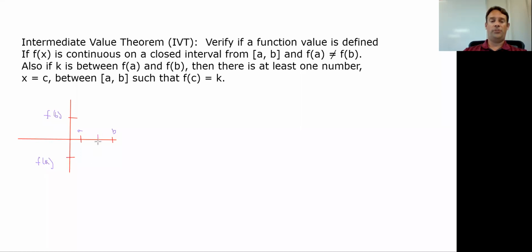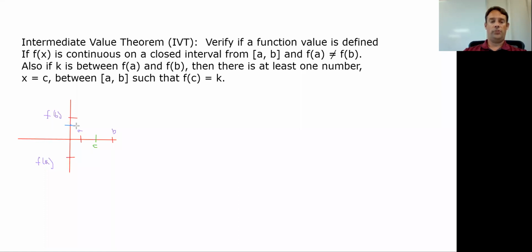I'm going to have some c value between them. So we'll call that c. And we're going to call this right here k.